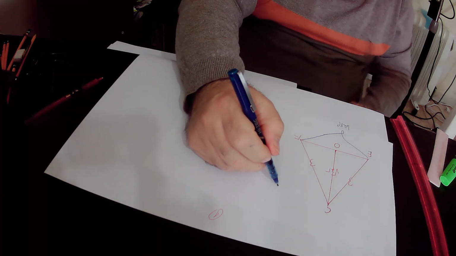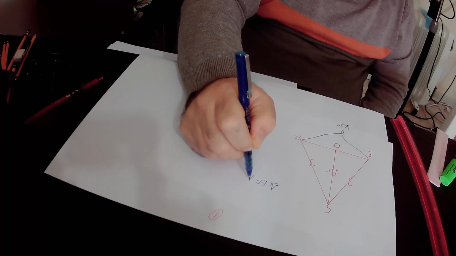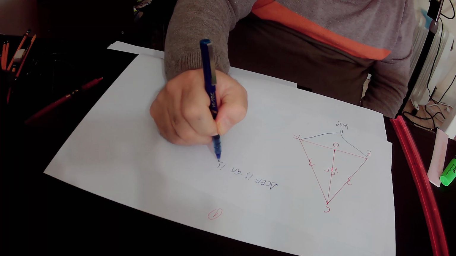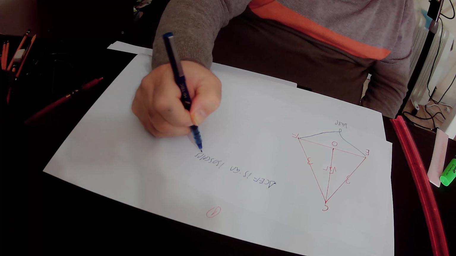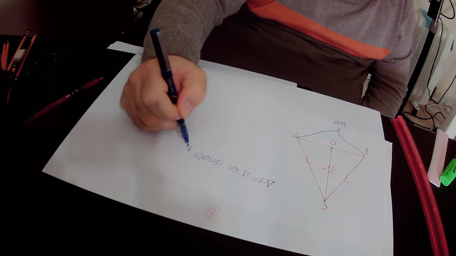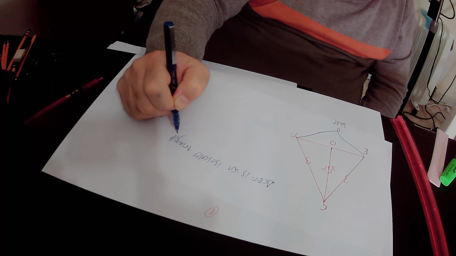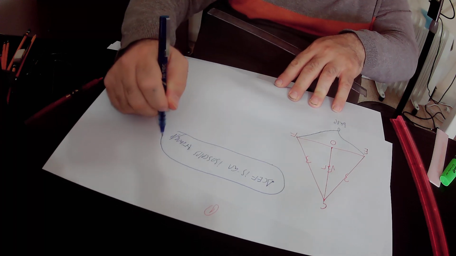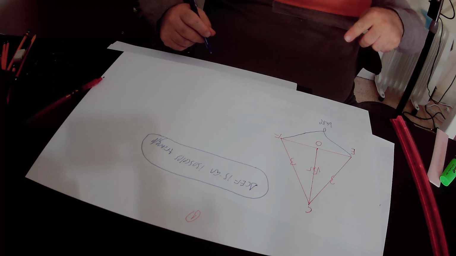I write down that triangle CEF is an isosceles triangle, and EF is the base.